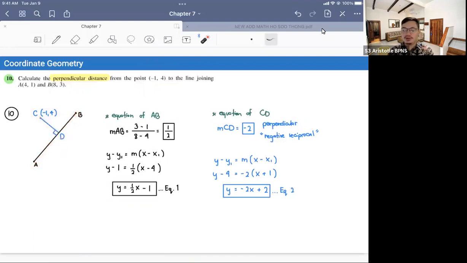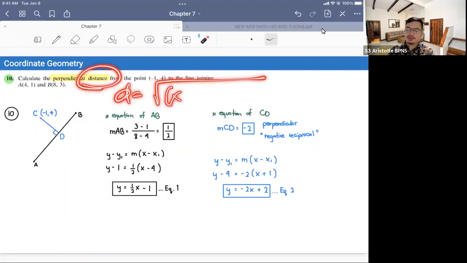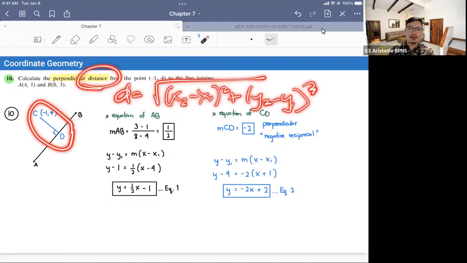So first, how do we find the perpendicular distance? When we talk about the distance formula, it's always the square root of (x sub 2 minus x sub 1) squared plus (y sub 2 minus y sub 1) squared. So basically, class, to find the perpendicular distance, we need the coordinates of point C and point D, right?